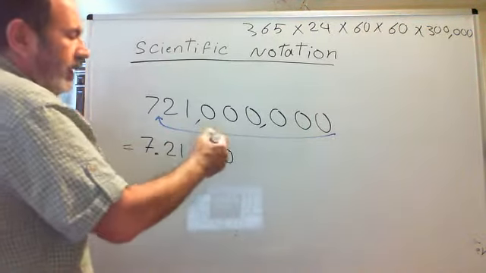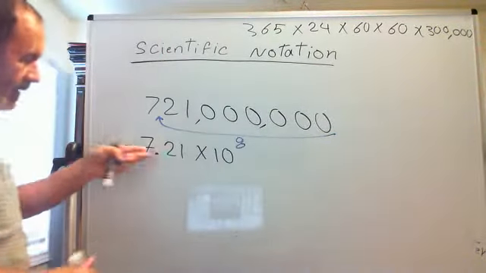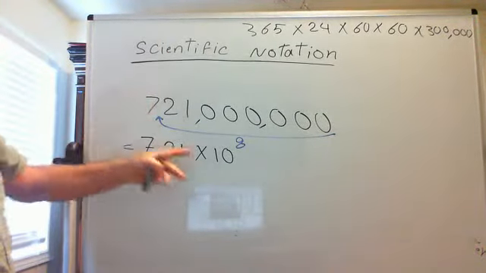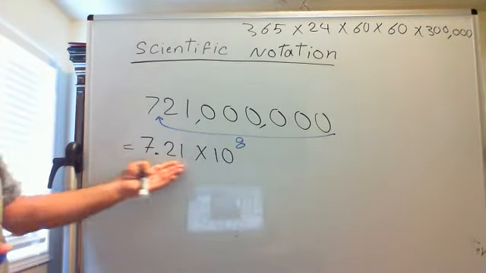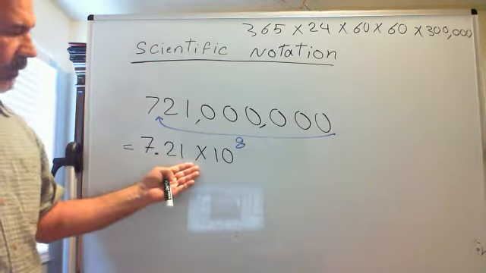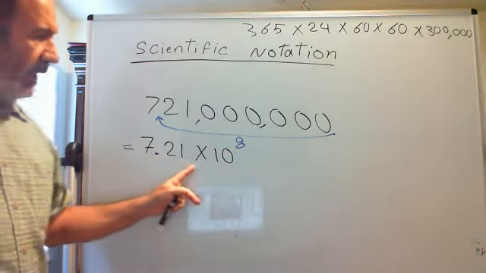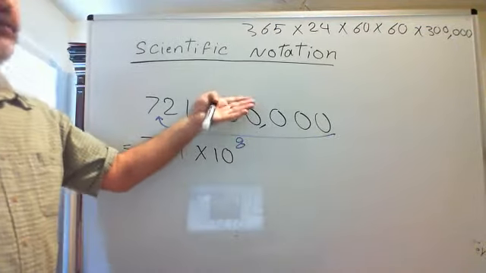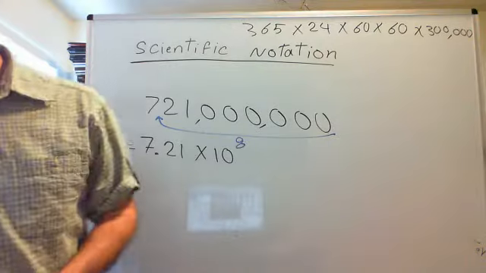So this exponent should be 8, and because this number is smaller than the top one, this exponent should be positive. So if I multiply this one, 7.21 multiplied by 10 to the power of 8, it means I should move the decimal 8 positions to the right, then I go back to the original one.